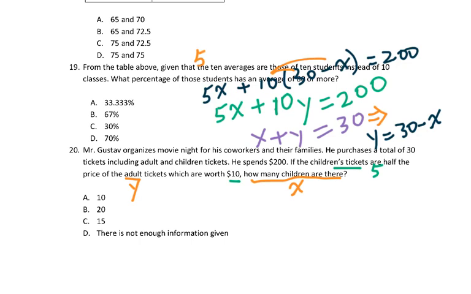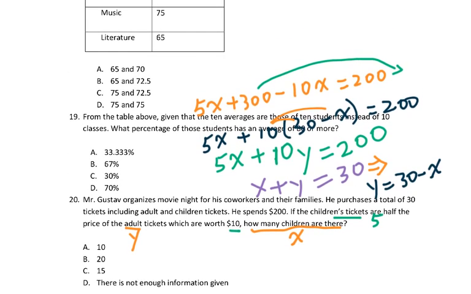You will get 5x plus 300 minus 10x equals 200. Then minus 300 on both sides. You will get negative 100 on the right side. The left side is negative 5x. So x equals 20. Answer is B, that's 20.